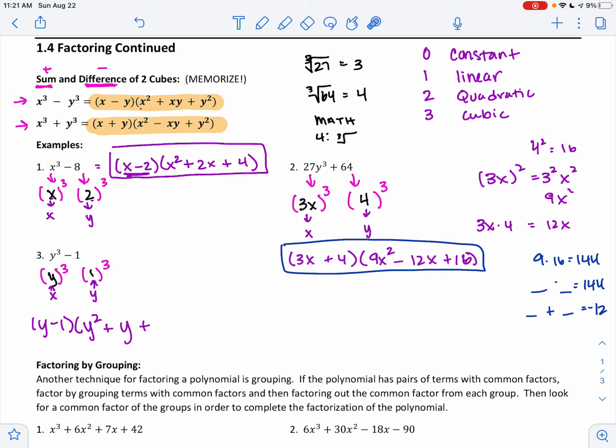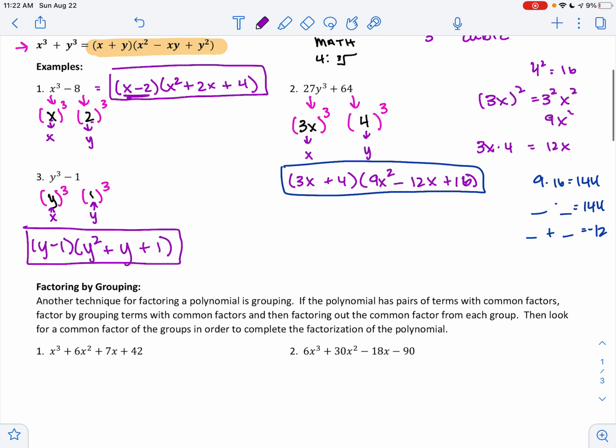Y is 1. 1 squared is 1. Y minus 1 is linear, so that one's already factored. If you try to factor this quadratic, you'd be looking for factors of 1 that add to 1. No such factors exist, so this is your final answer.